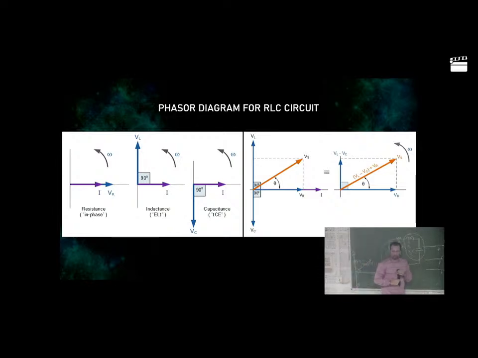Same if we have to draw the phasor diagram of the parallel RLC circuit, where voltage will be equal across, because we know that in a parallel circuit voltage is the same, current gets divided. So there I will have to choose voltage as the reference phasor.